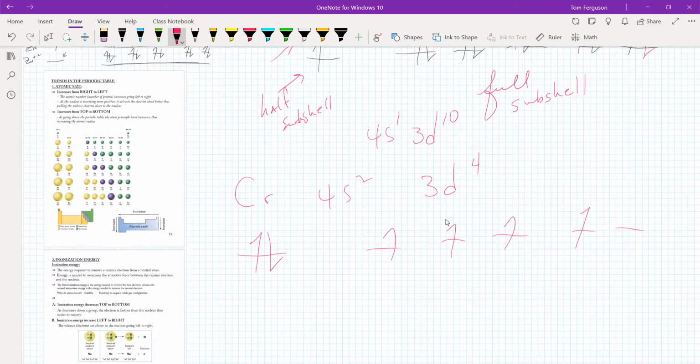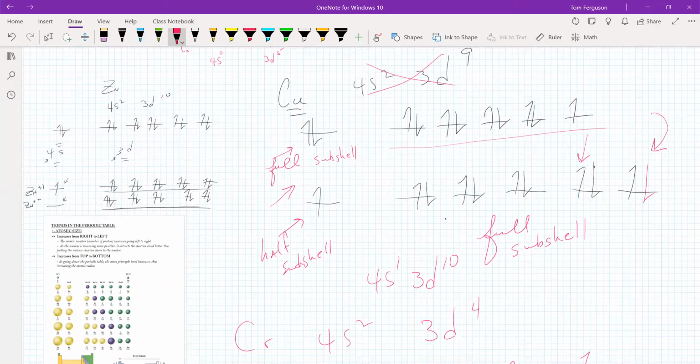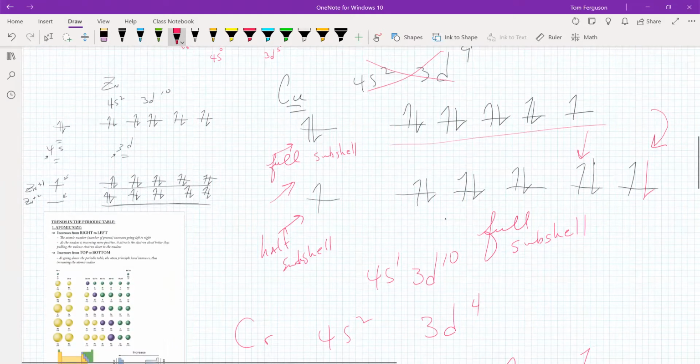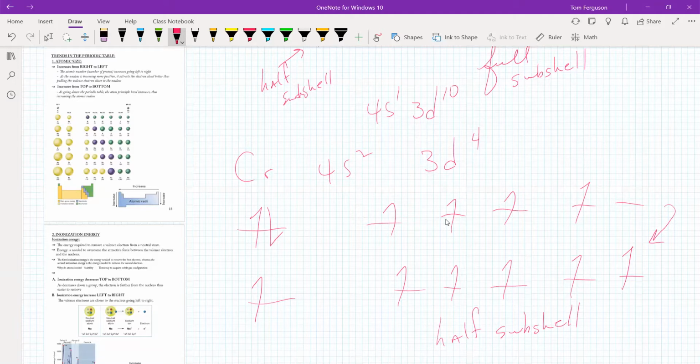So what happens with chromium, it's sort of the same as copper, where we've taken an S and moved it over to a D. So we've gone from nothing to a half subshell.